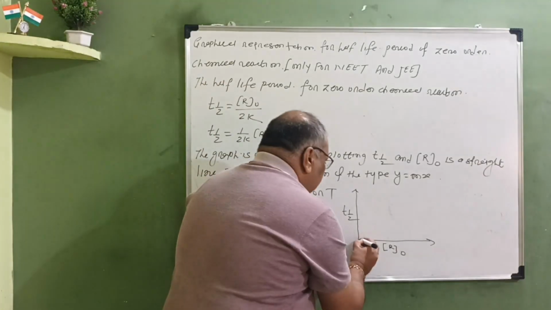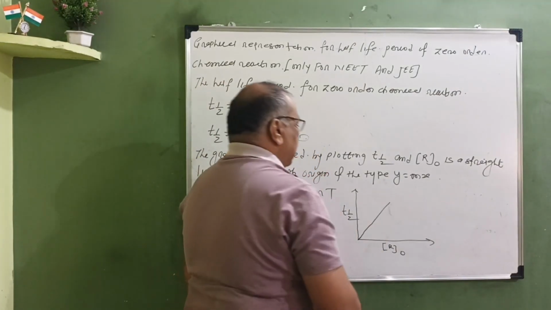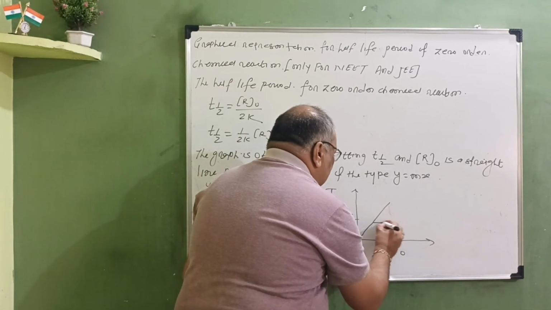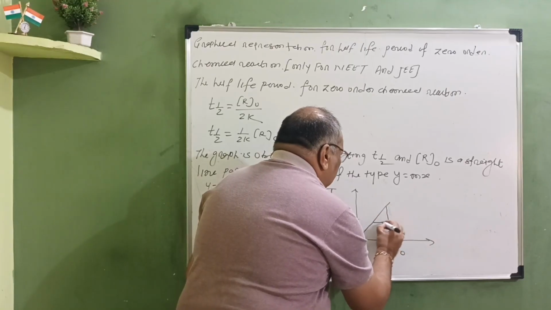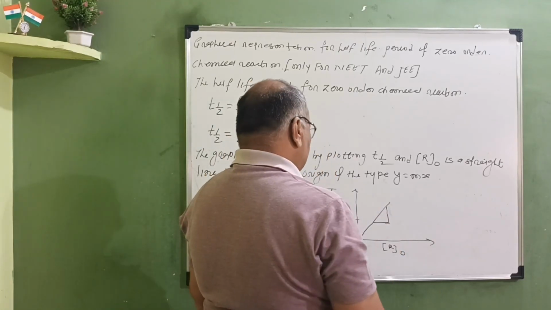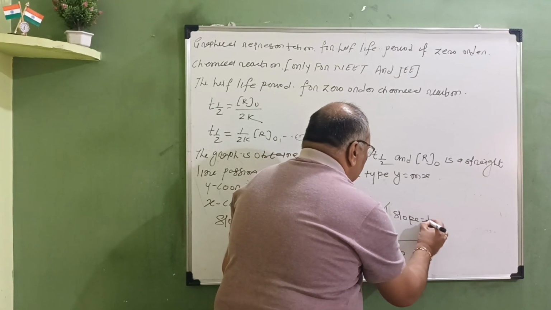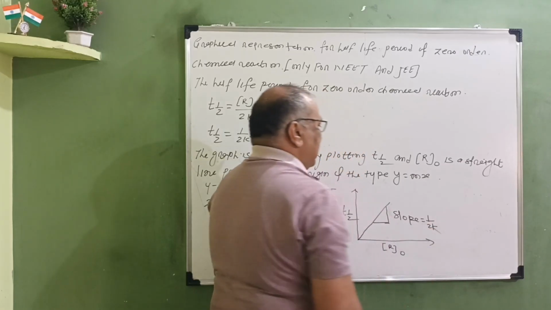You will get a straight line like this, and determine the slope of this line, and here the slope is equal to 1 by 2k.